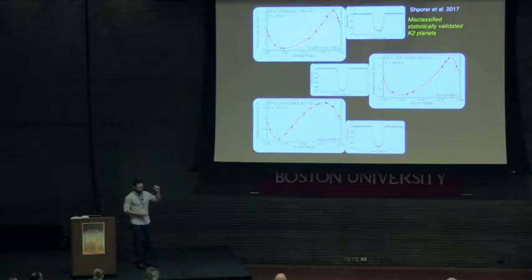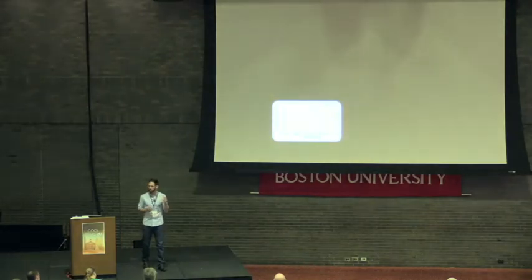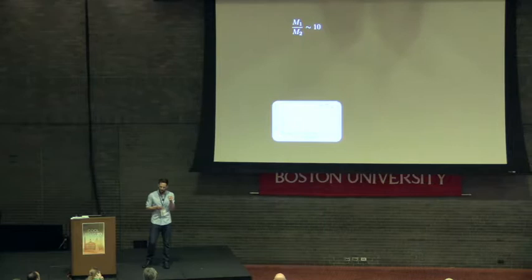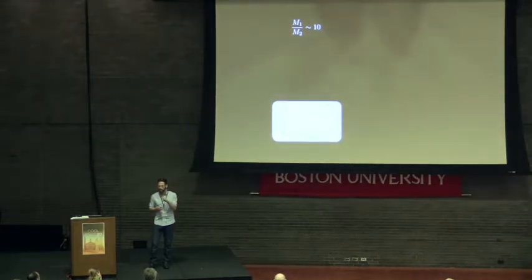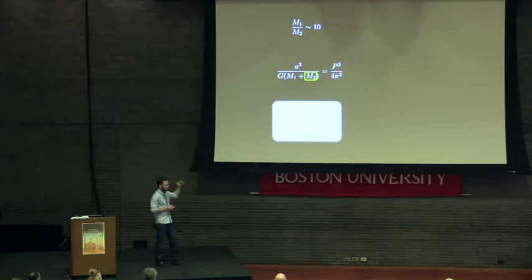But there are slight differences in the analysis, or things you need to notice and take care of when analyzing these objects as opposed to star-planet systems. The most important thing is the mass ratio is roughly 1 to 10. So the mass of the companion M2 is not so negligible as it is for a star-planet system. More specifically, you cannot remove it from Kepler's third law, or Newton's version of Kepler's third law.